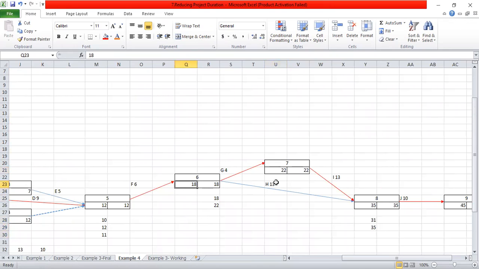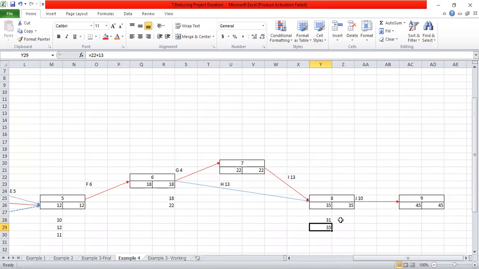To that 18, you add 13, so the value becomes 31. To 22, you add 13, that is 35. You have to take the highest value, that is 35. To that 35, you add 10, so it is 45.